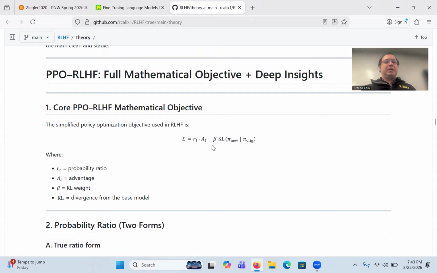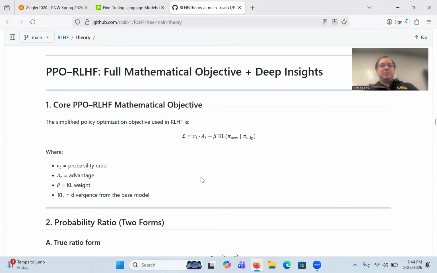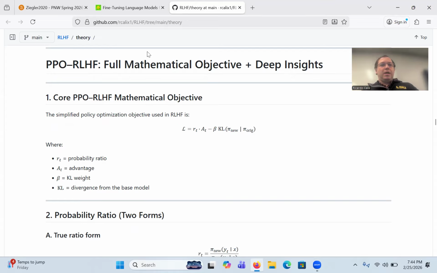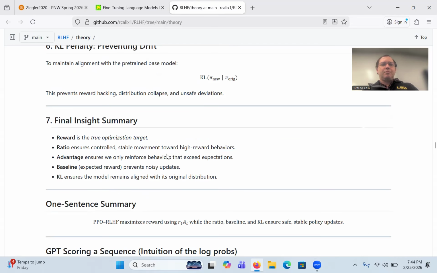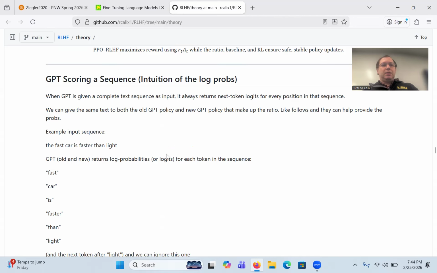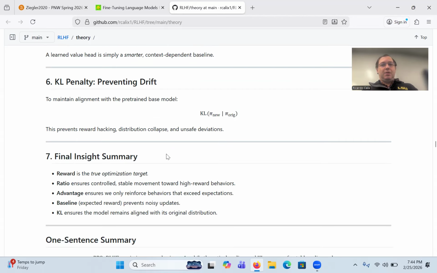They try something else, and so they deviate from this essentially. All right, so that was the theory on reinforcement learning through human feedback with PPO.